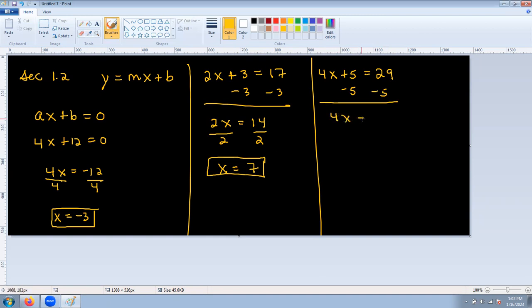So this is 4x, and this is equal to 24. And then we can divide here. All right, and what do we get? I put it down wrong in my notes. Okay, so I believe the answer is 6.